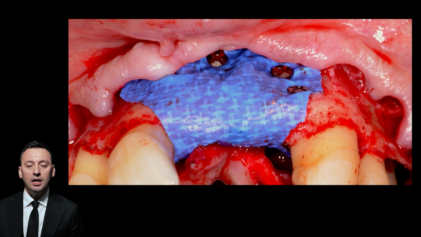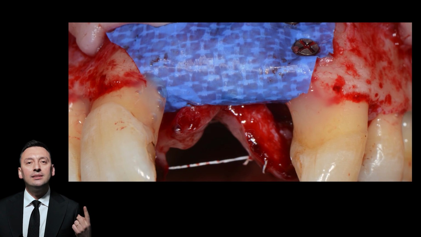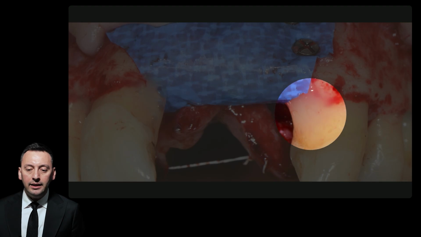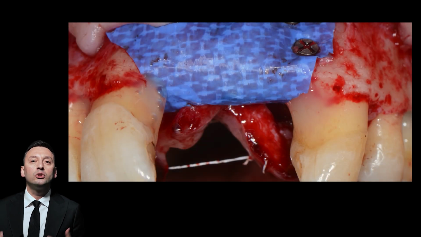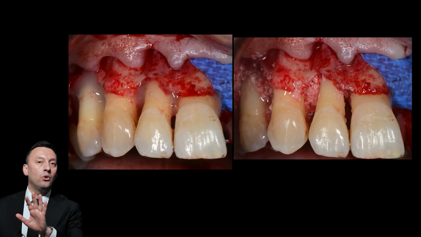After securing the membrane with the screws, now it is time to think about supracrestal attachment. In that aspect, you're going to apply enamel matrix derivative to support the attachment formation on the supracrestal portion. And now you are done.